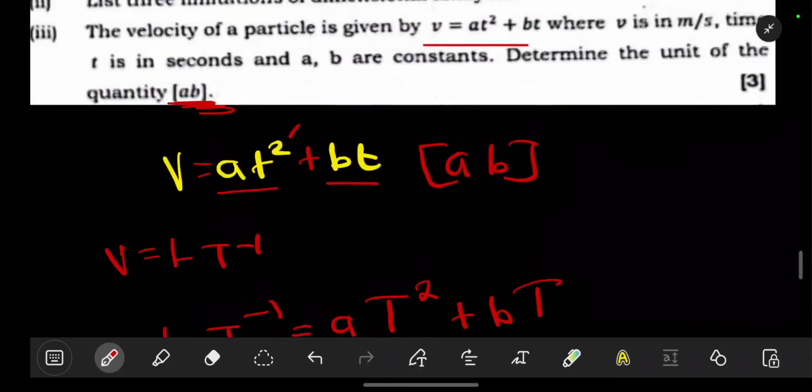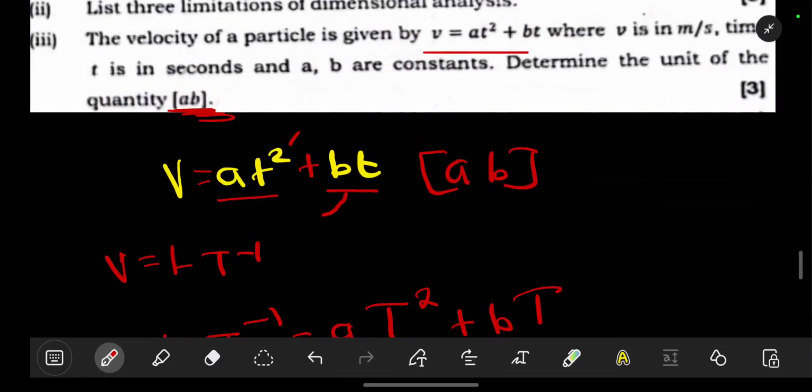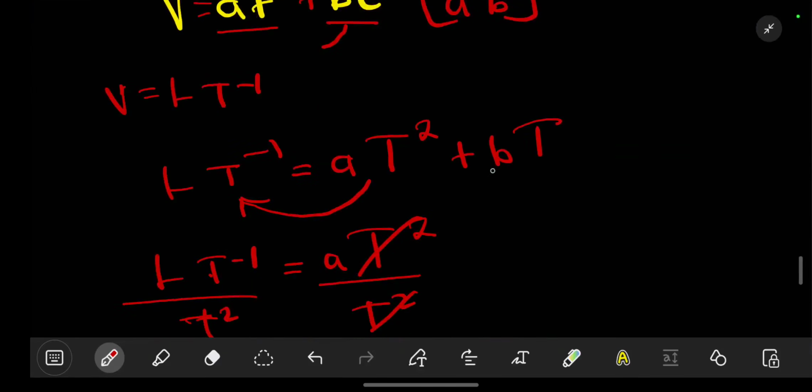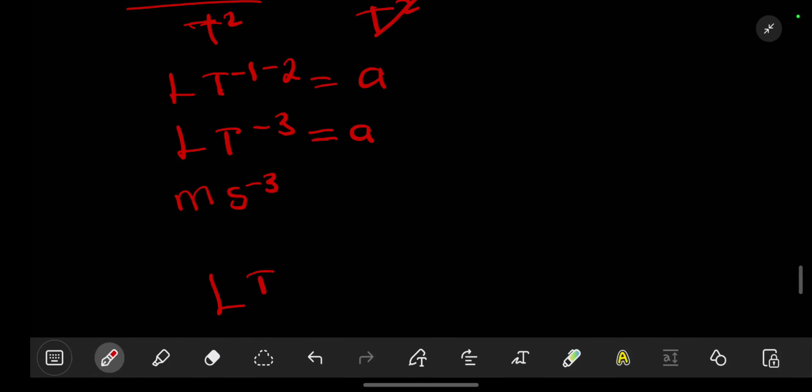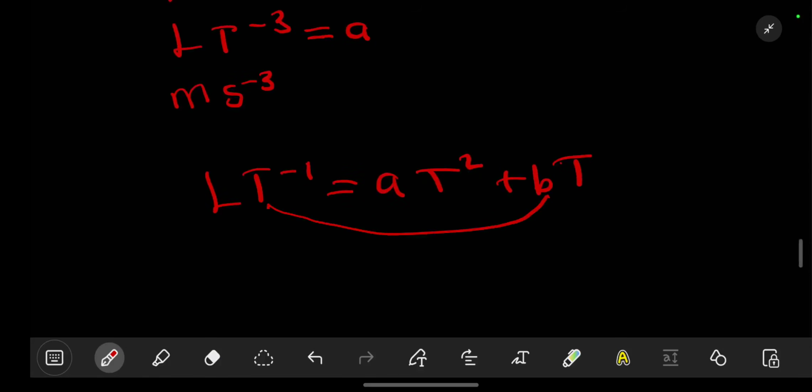Same approach, we are going to find our b. So b t is also equal to this. Let me just write it: L T raised to the power negative 1 is equal to a T squared plus b T. So our b is equal to that.